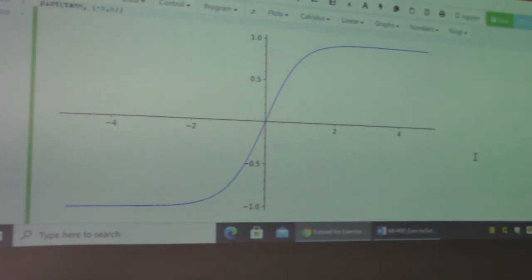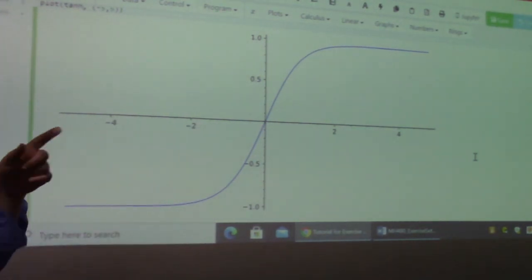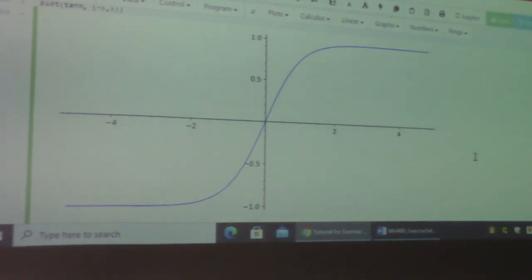And if x goes to minus infinity, then the e to the x terms are trivial and the e to the minus x terms totally dominate the formula, and you get minus e to the minus x over e to the minus x, which is -1. And that's why you get -1 going to the left and 1 going to the right. Makes total sense.